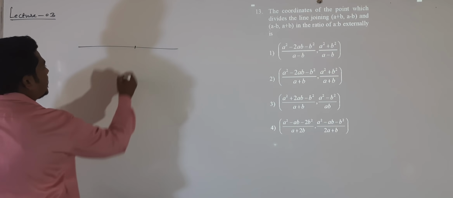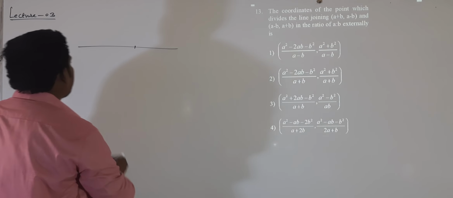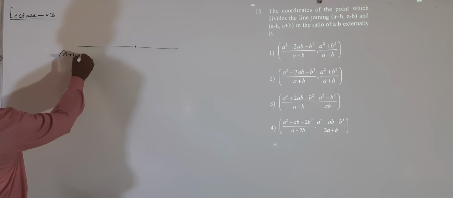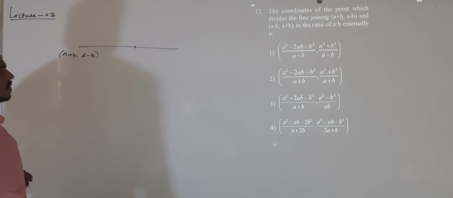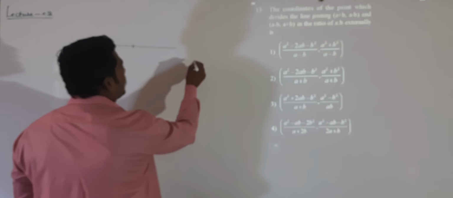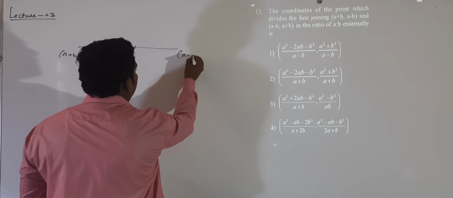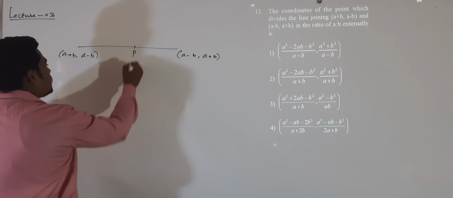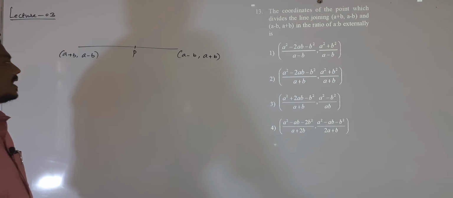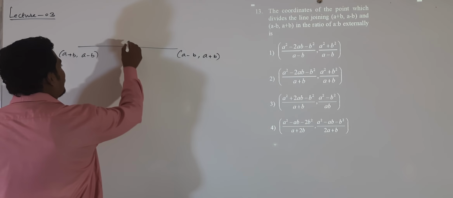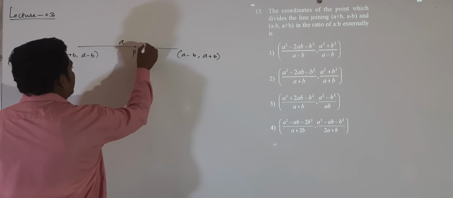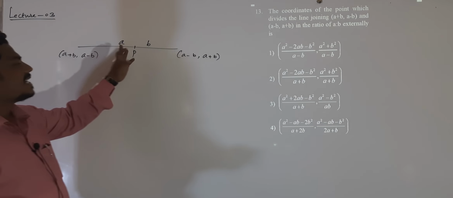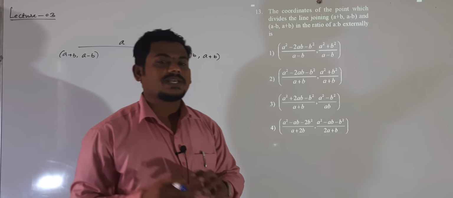Find the coordinates of point P which divides the line joining these 2 points, A plus B comma A minus B is one point and A minus B comma A plus B is another point, in the ratio of A is to B instead of M is to N.